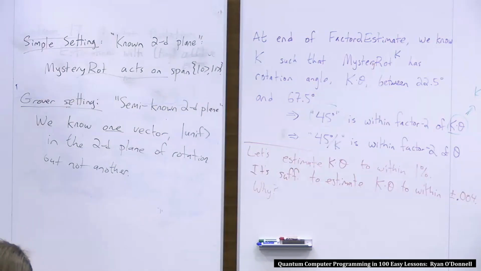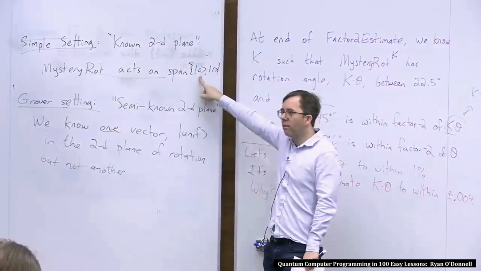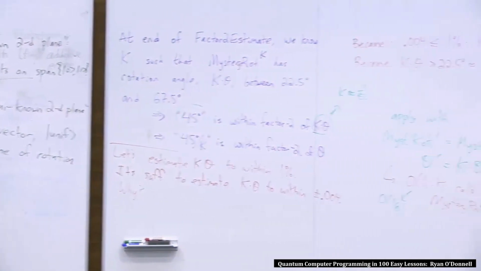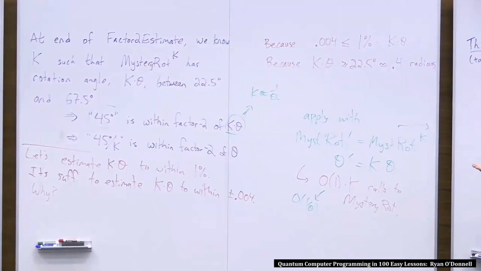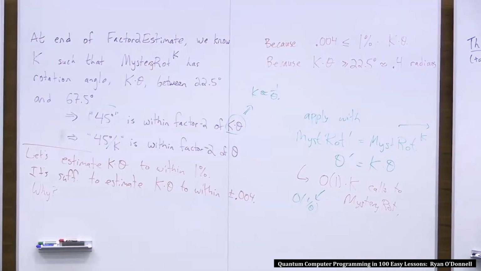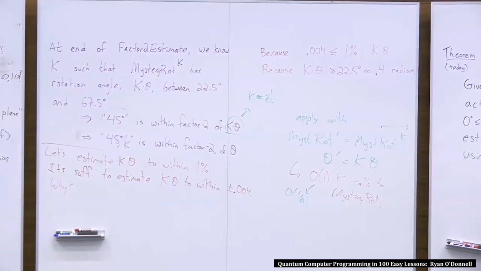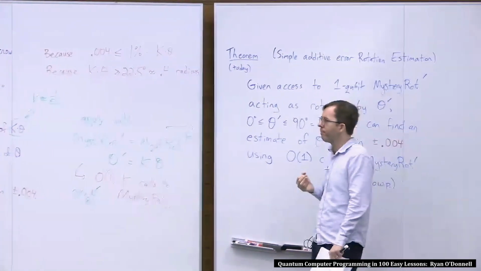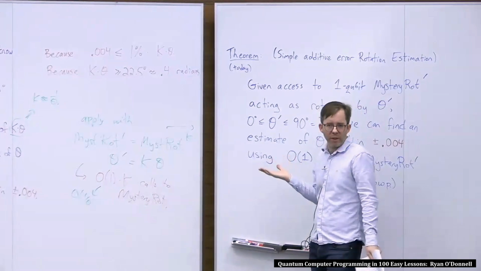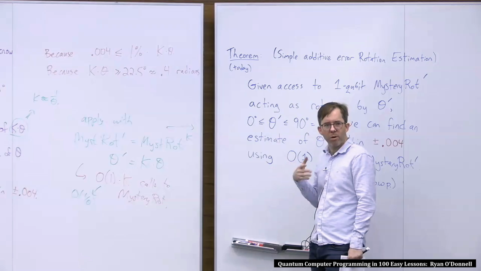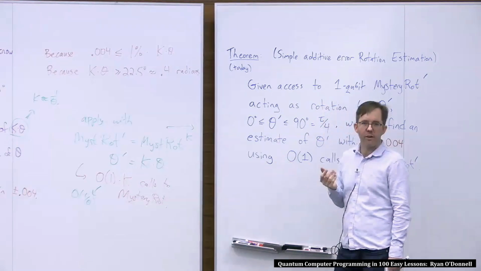Well, you start out by making a new qubit in the state ket 0, and then you do the mystery rotation and get it at angle theta, and then you measure. And you do this like 100 times in this medium subroutine to try to find out, hey, is theta between 30 and 60 degrees or something? And if it was, you'd be like, great, now I know it's within factor 2. But probably it wasn't. Probably all your measurement outcomes came back ket 0.